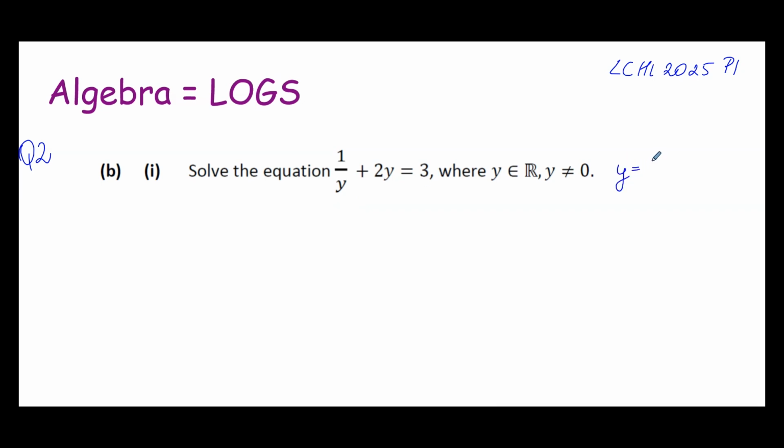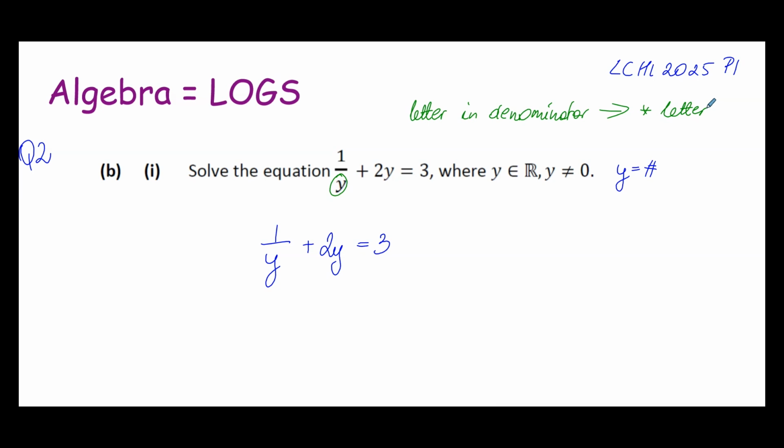I want y to equal a number. My problem is that this y is in the denominator, so in order to eliminate a letter from the denominator, and always remember this, to eliminate it you have to multiply by that letter, both sides, or every element.